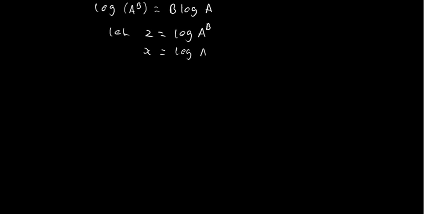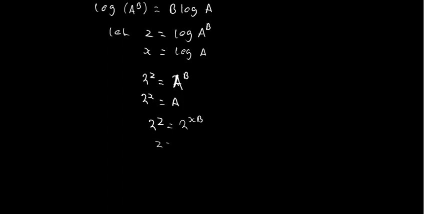So we know 2 to the power z is equal to a to the power b, right? But then we know for a fact that 2 to the power x is equal to a. We can replace this with 2 to the power x here, so we're going to have 2 to the power z is equal to 2 to the xb.